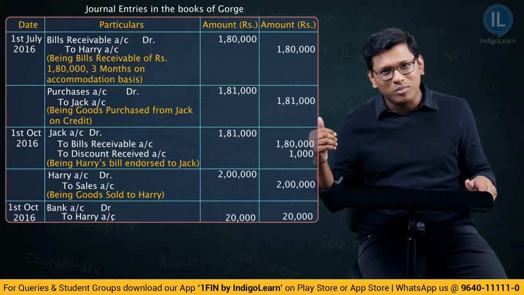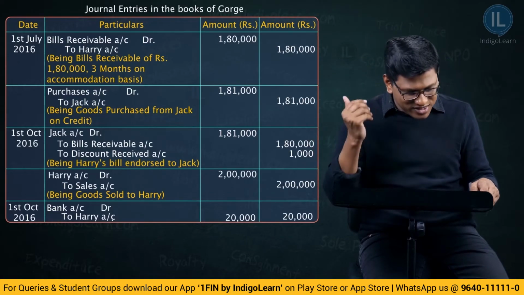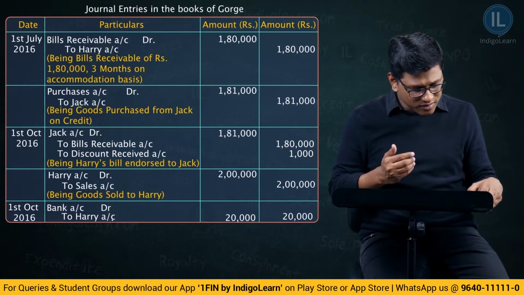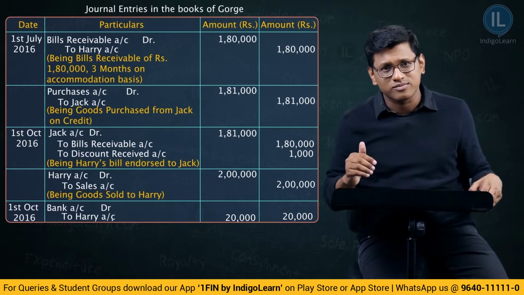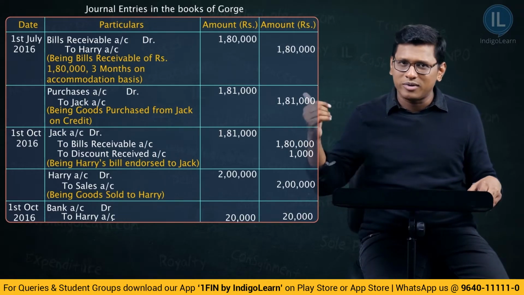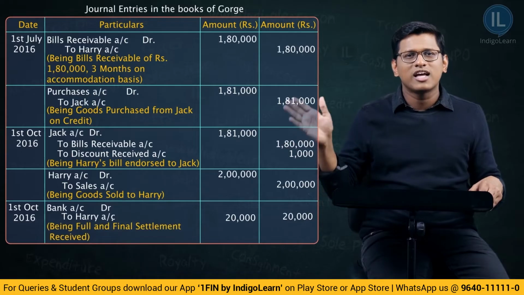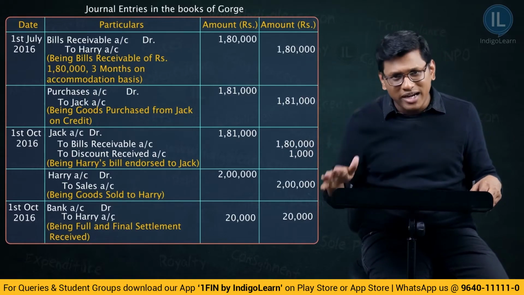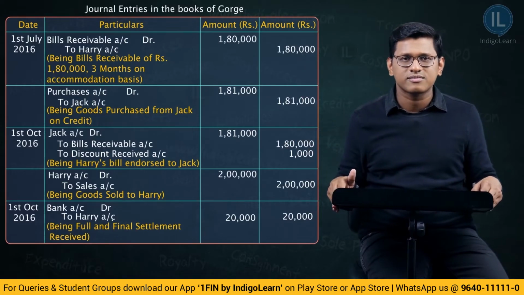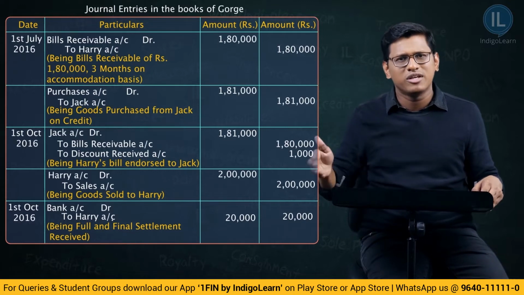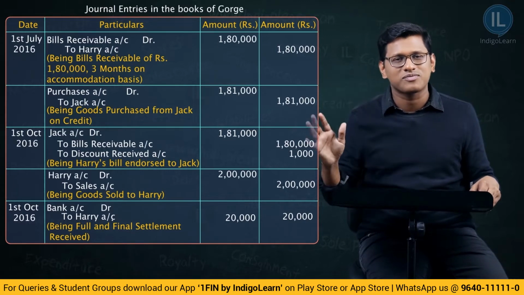On which day are we passing this entry? 1st of October. Cash or bank account debited to Harry. Being full and final settlement received.